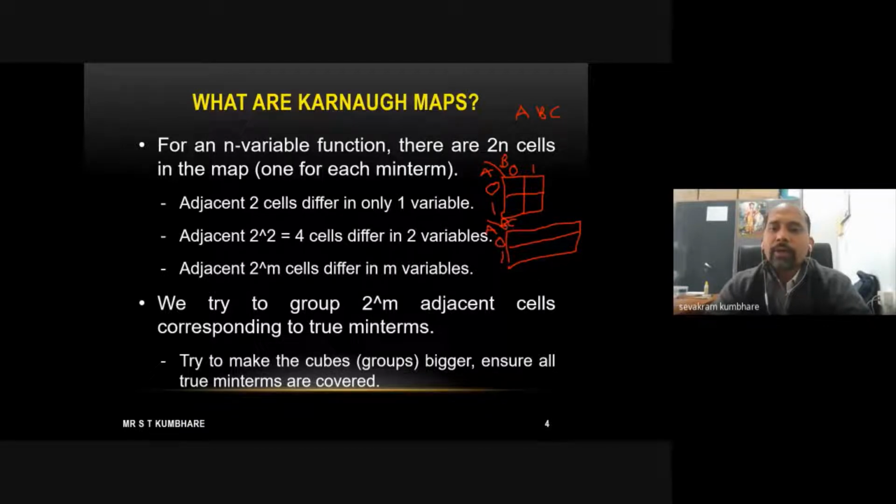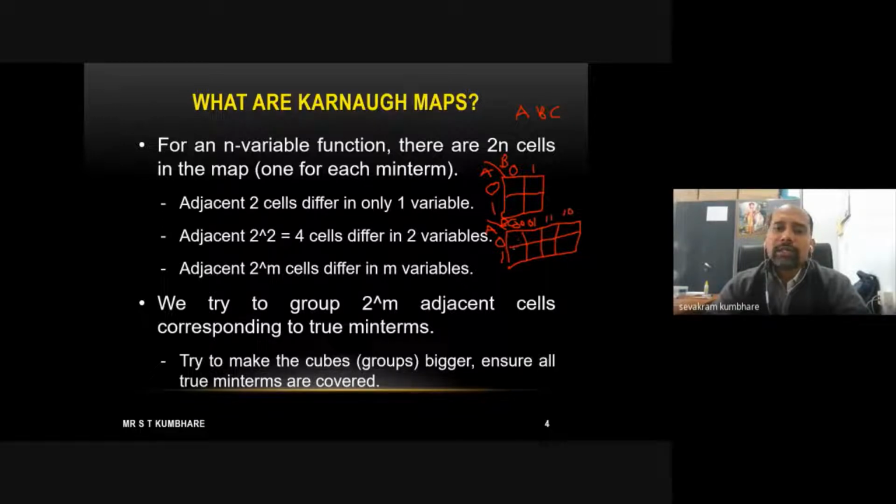Since there are 2 variables B and C, I have to split it into 4, because for 2 variables I can have 4 different combinations: 00, 01, 11 and 10.